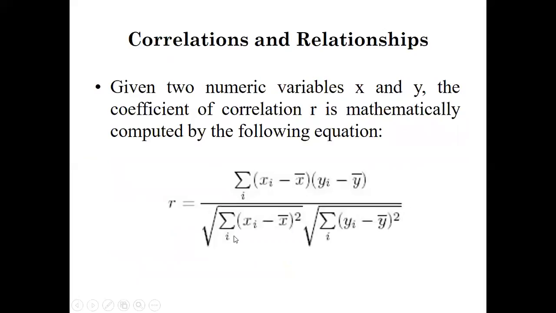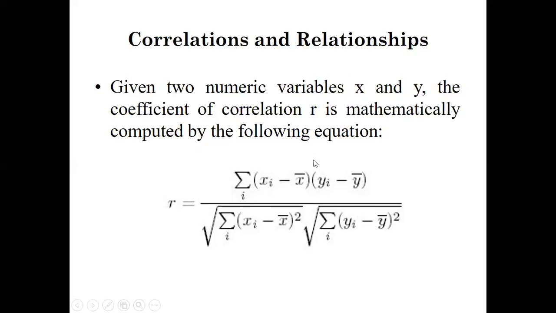So next we move on to a formula. Here there are two numeric variables given, x and y. The coefficient of correlation r is mathematically computed by using the following formula. What is this x bar?